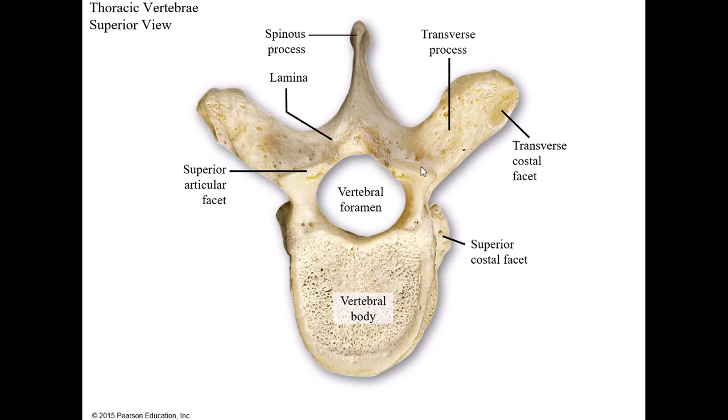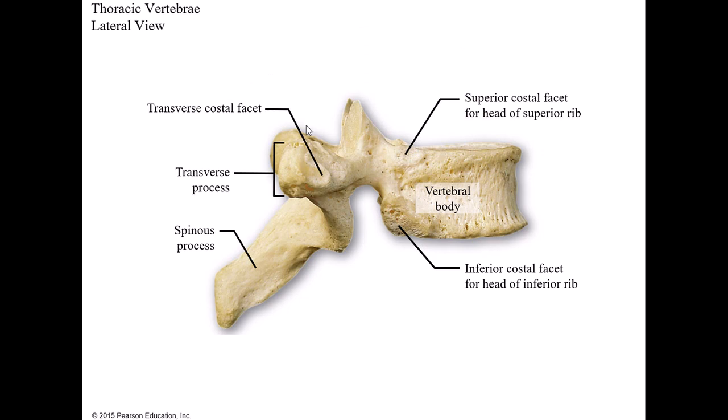It has the superior articulating processes. It has the transverse process, and it has a spinous process. But look at the spinous process from the side. The spinous process is downward sloping. It's pointing down. This is classic thoracic vertebrae.